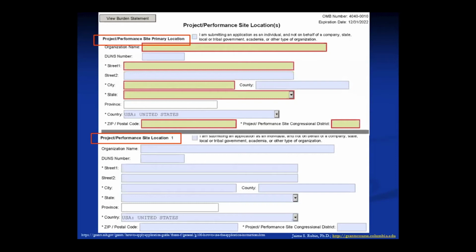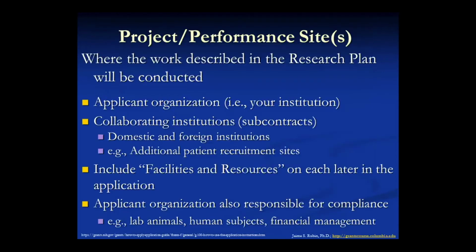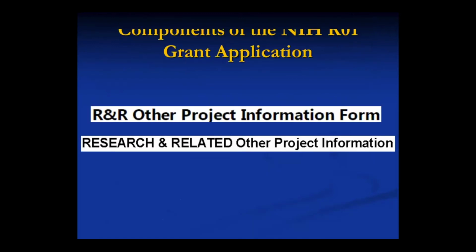It's a little confusing, but there would be site location number 1, which would be the information about your collaborators or co-investigators if they're doing part of the work and they're at another institution. And so, as I said, your institution, the collaborating institution, and then later on in the application, there's a facilities and resources section, and you're going to discuss the available facilities and resources in support of the research, both at your institution as well as any of the collaborating institutions.